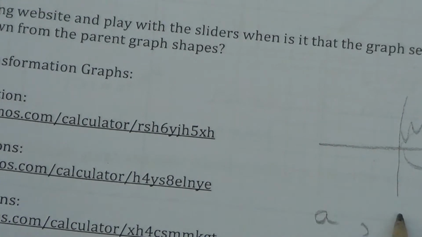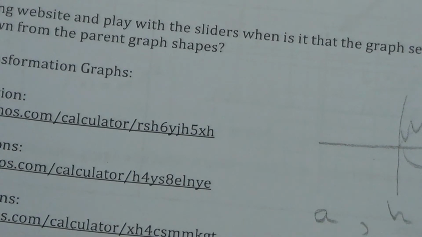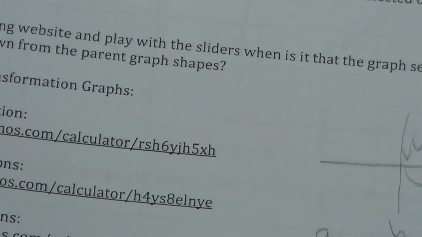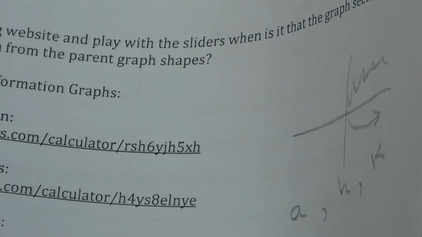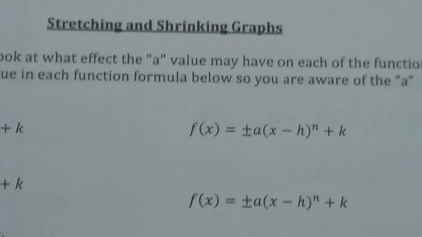Your a, your h, or your k value? Or what is it that's causing that? So take a look on those sites and see what it is. You'll have toggles that you can play with there.